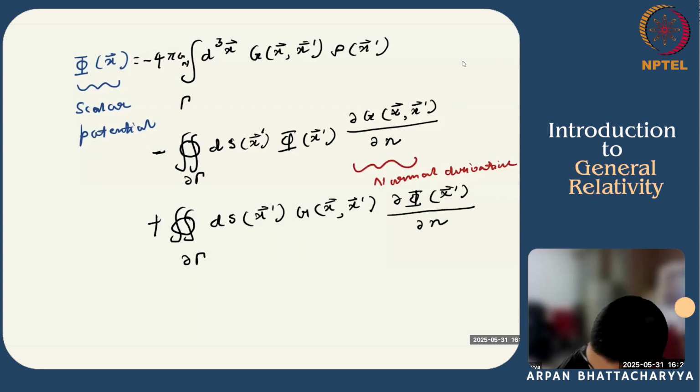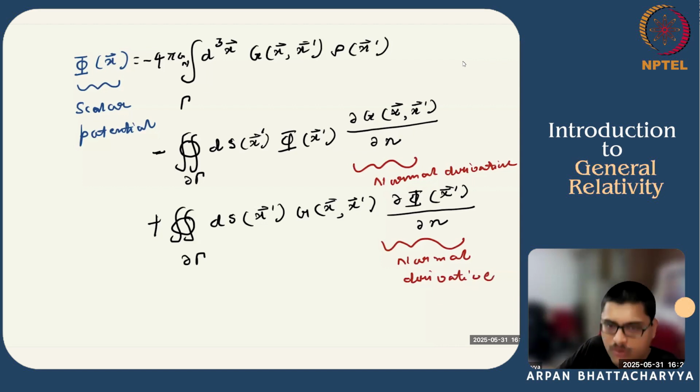Again, this is the normal derivative of phi. So this is a generic form of the solution for the equation.